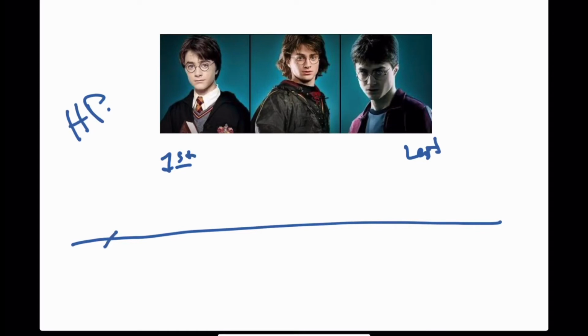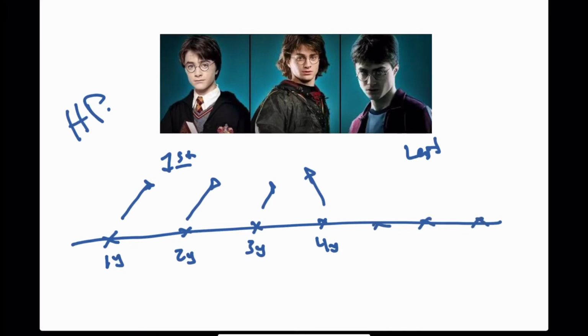So the first book is one year of the character. Then the second book is the next year of the character. And so on, we can keep going with the third and the fourth year and the following years up to that period of time. So it is important that you realize that every single year goes right after the previous one.